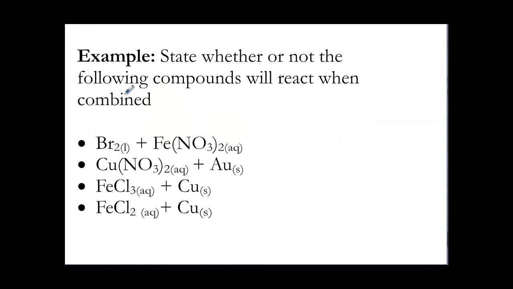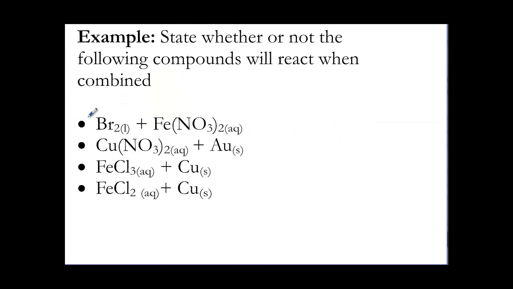Okay, let's do some examples. Let's find one here. So my question here is, figure out whether or not these compounds will react. By that I mean, if they will react, they have an orientation like this, and we say it's spontaneous. That's the word we use. Spontaneous. If they don't react, it'll be that orientation.